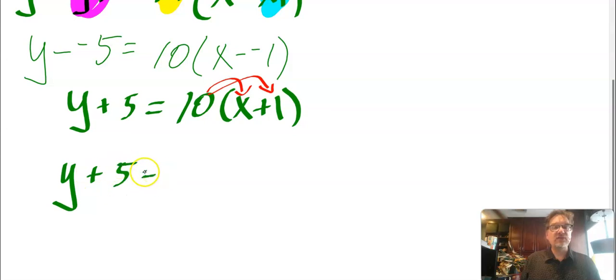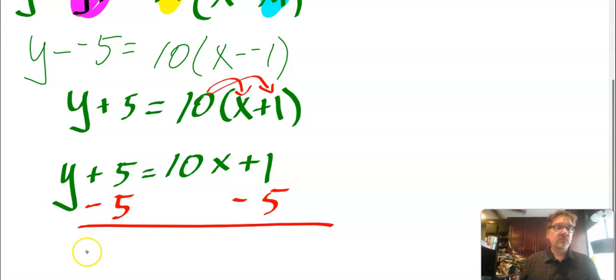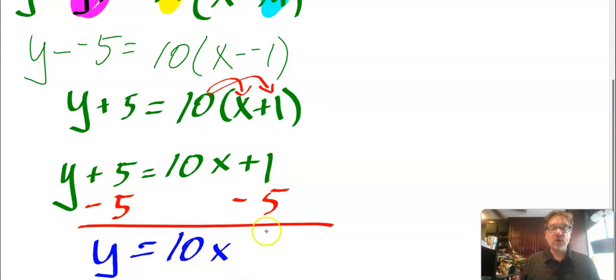Y plus 5 equals 10x plus 10. Get y by itself. So I'm going to subtract 5. It says plus 5. Getting rid of that's a minus 5. So my final answer, I'm going to write it in blue because it's my final answer. Y equals 10x, 10 minus 5 is 5. Boom. There's my answer.